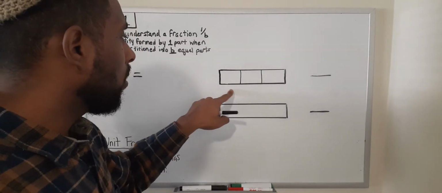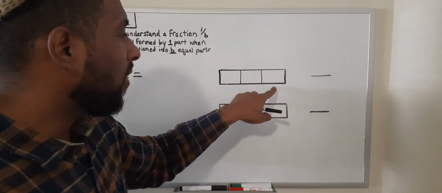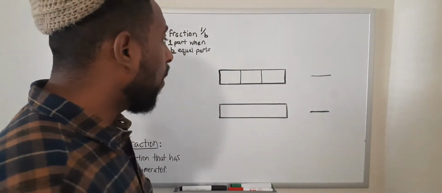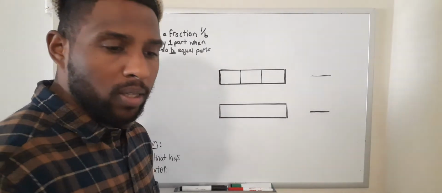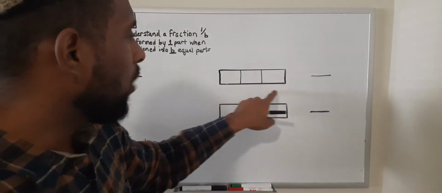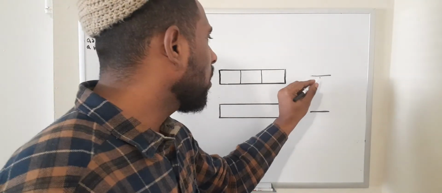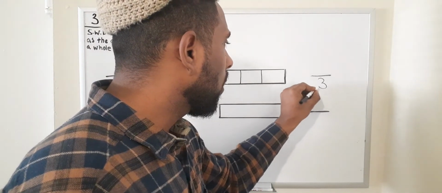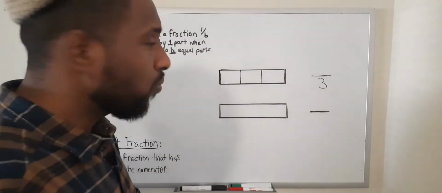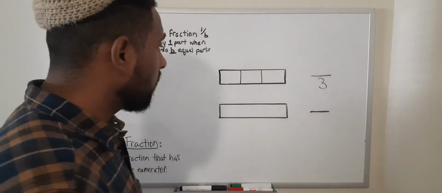I have 1, 2, and 3 equal parts. So we know that when we have 3 equal parts, the value of each part is 1/3. Since I have 3 equal parts, my denominator will be 3, meaning that this tape diagram or this rectangle is broken into 3 parts, or thirds.